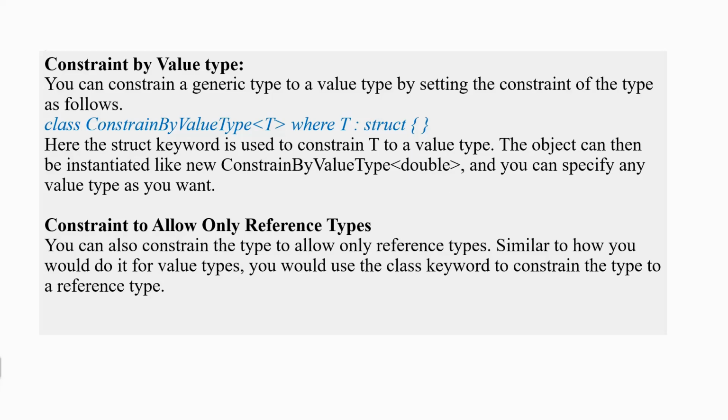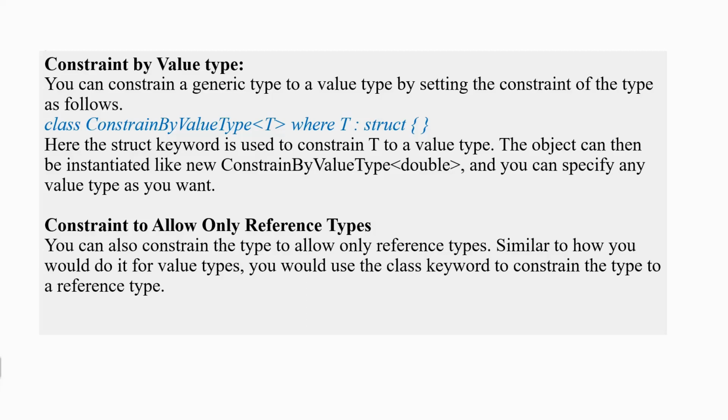But for a reference type, the actual reference to the class, or any data type that is of reference type, is passed, so that if you change the value in the called method, it remains changed in the original copy also. Okay, so that's another concept. Don't worry about that if you don't understand.